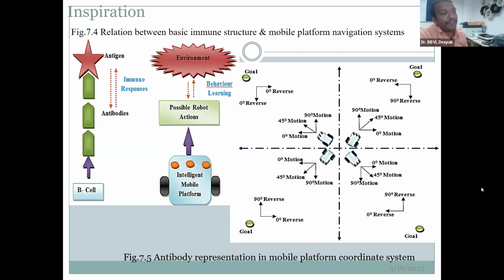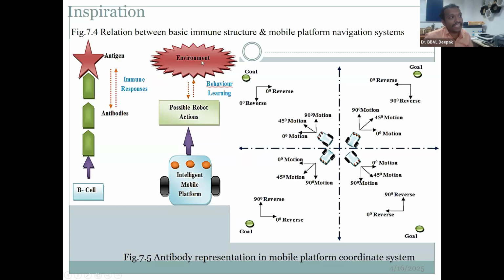The same behavior we can incorporate into a robotic system. How? In the case of the immune system, we consider one intelligent mobile platform, which has a number of actions: move left, move right, move back, 0 degree, 10 degree, whatever it may be, the robotic actions, right? And the environment is there: no obstacles, left side obstacle, right side obstacle, whatever it may be, there may be a number of environmental criteria.